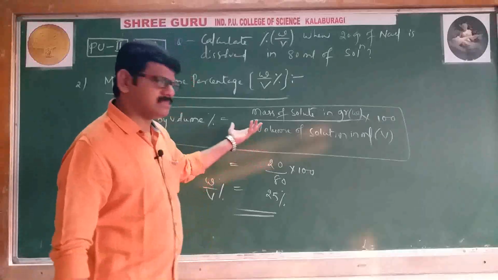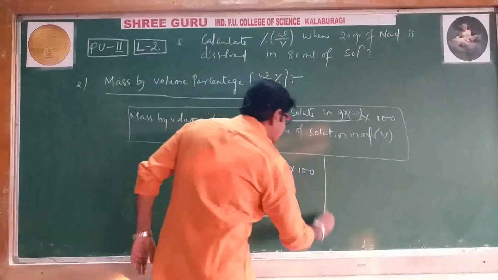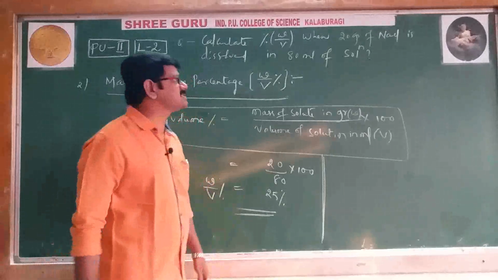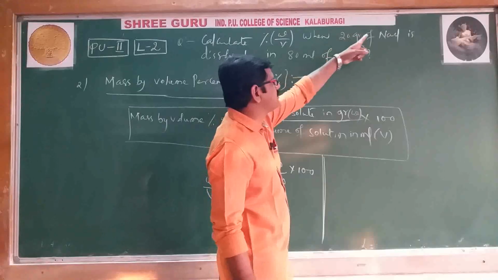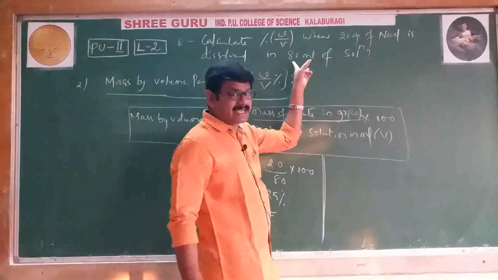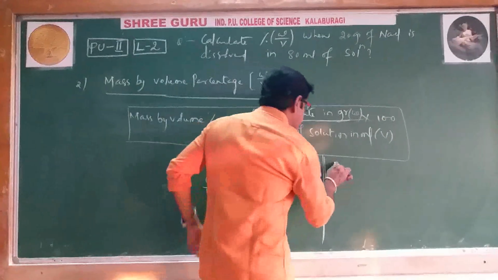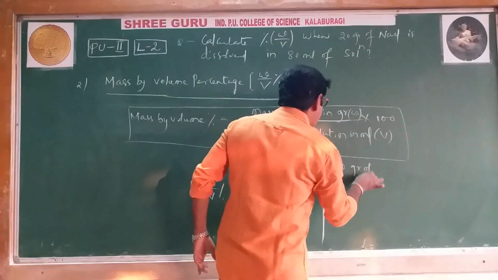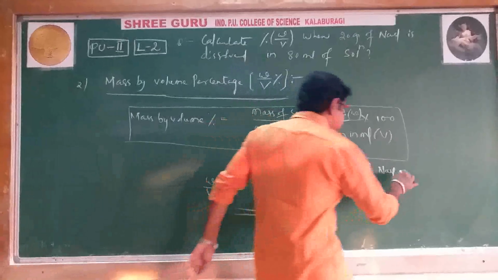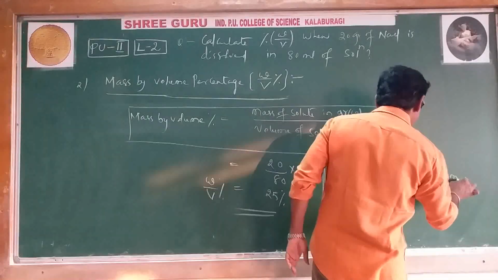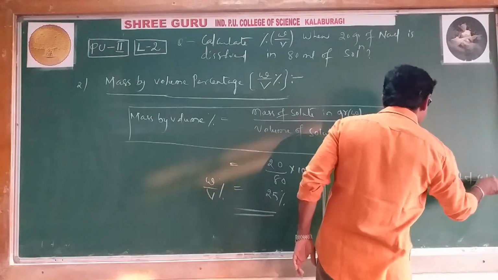And directly also we can calculate. How to calculate directly? Very simple. 20 grams of NaCl, nothing but the solute, is present in 80 milliliters of solution.